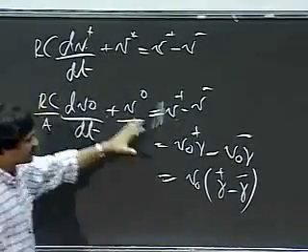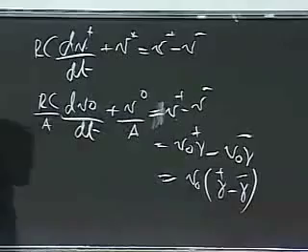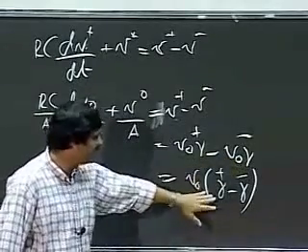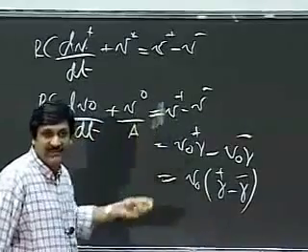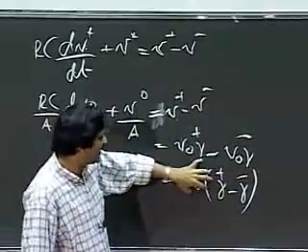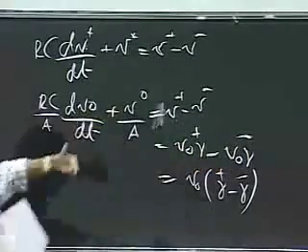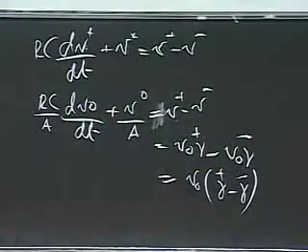So I now have an expression in V naught. Don't get psyched by gamma plus and gamma minus. Simply read this as F1 and F2 if you like. So V naught times some fraction minus V naught times some other fraction. I'm feeding back some fraction of the output to the positive and to the negative terminals.